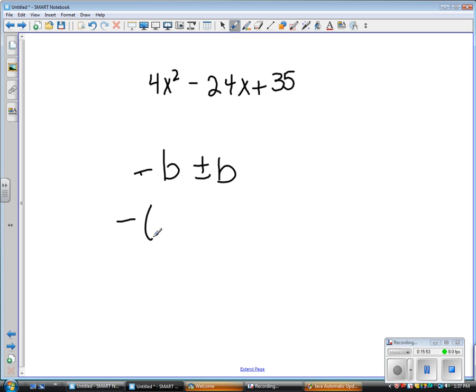So that's like saying negative of negative 24. Well, what's a negative times a negative? What's the opposite of negative 24? So you can do either thing. That really looks like negative 1 times b, so I'm fine with that if you want to treat it as negative 1 times b. You're just going to multiply whatever b was by negative 1. So that's all.